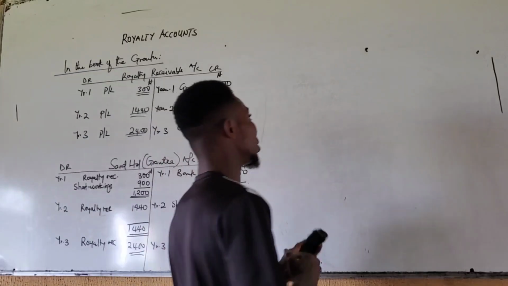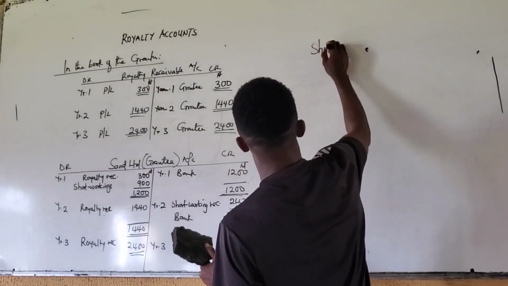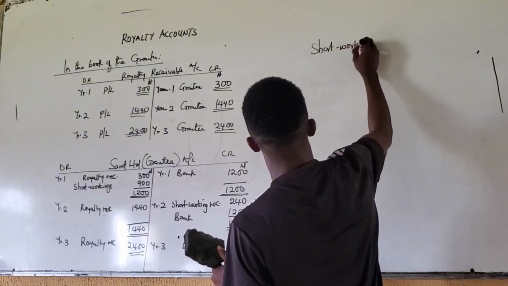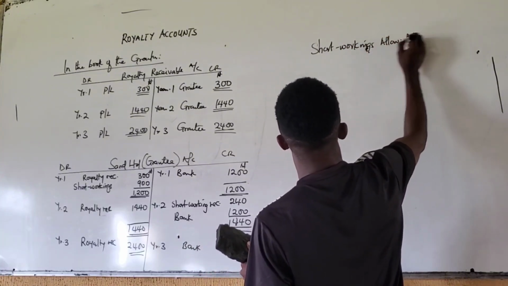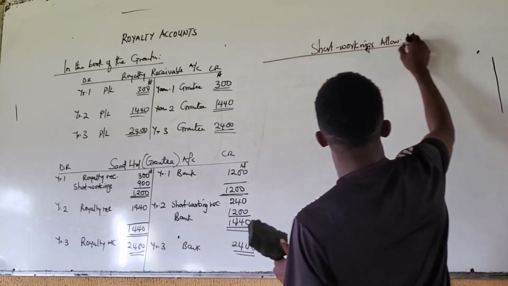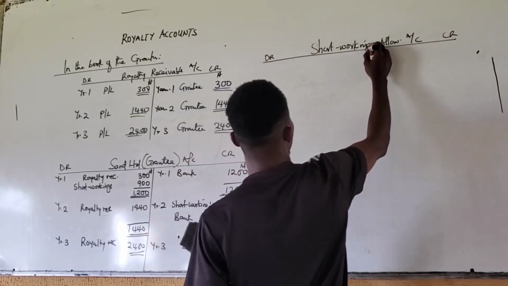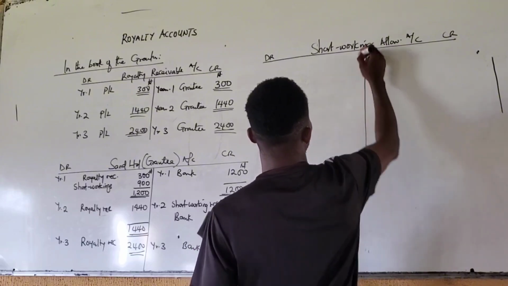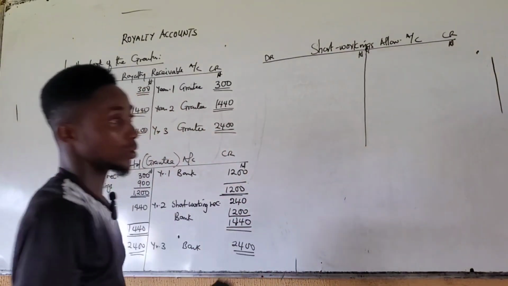Then the last account you prepare is the short workings allowable account. Short workings allowable account is a liability account to the landlord.